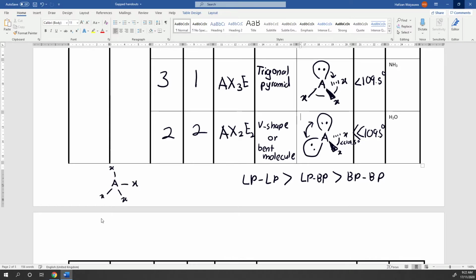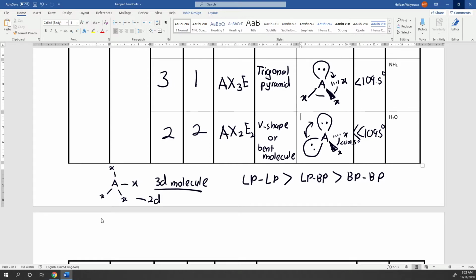Okay, kenapa you tak boleh lukis macam ni? X. Lukis like this does not mean a 3D molecule. Because molecular shape kita minta is 3D. This is still 2D. Okay, kenapa?